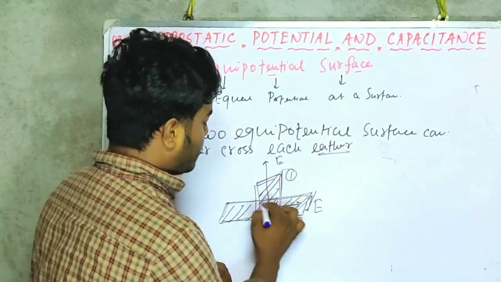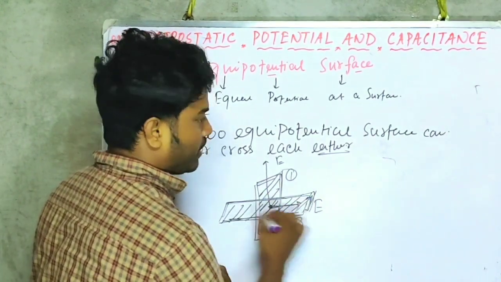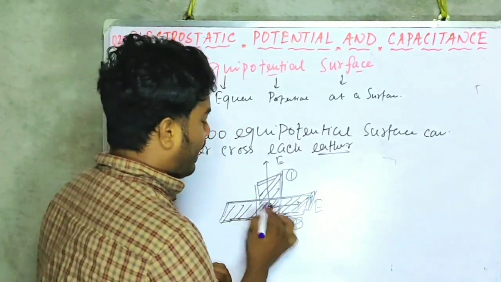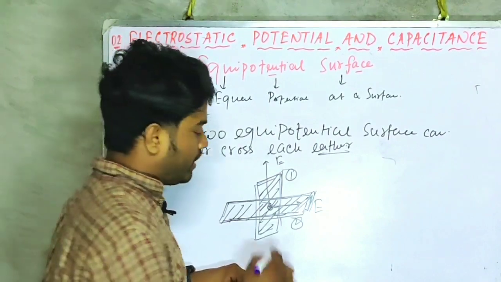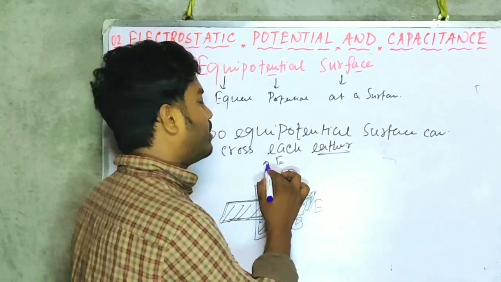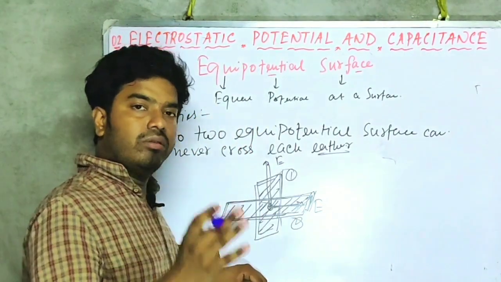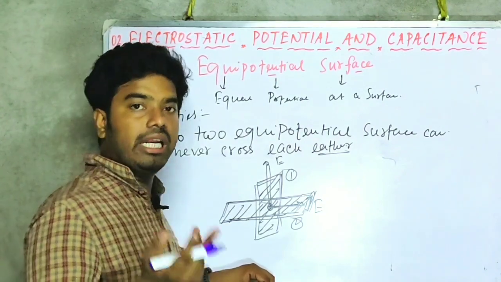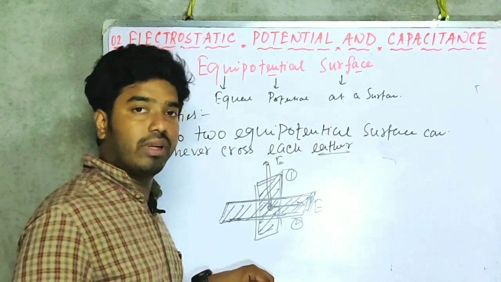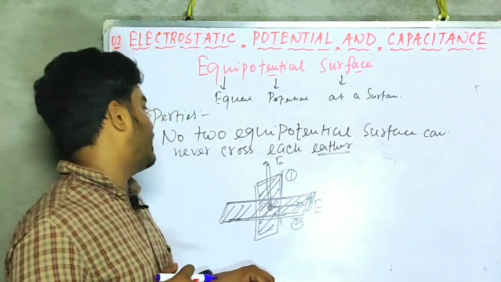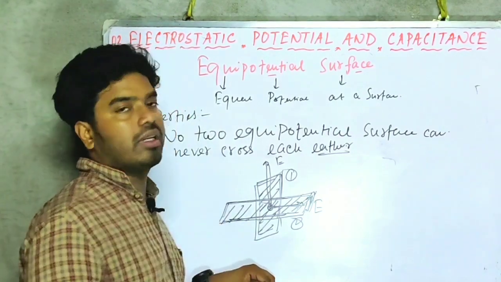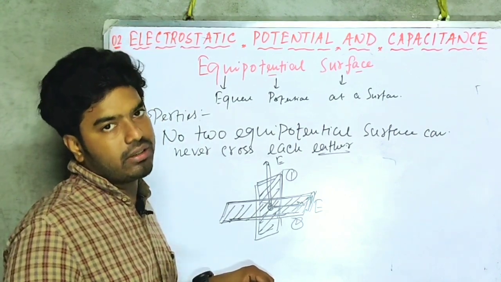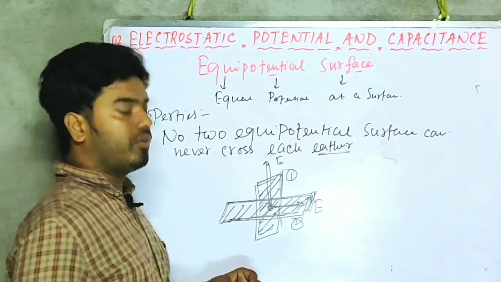When they cross each other at a point, there will be two directions of electric field, and you know at a particular point two directions of electric field is never possible. So we can say that no two equipotential surfaces can ever cross each other. Clear? So this is point number 4.